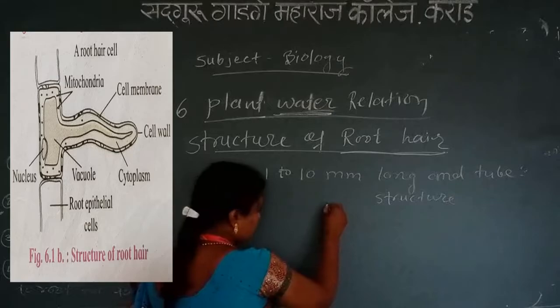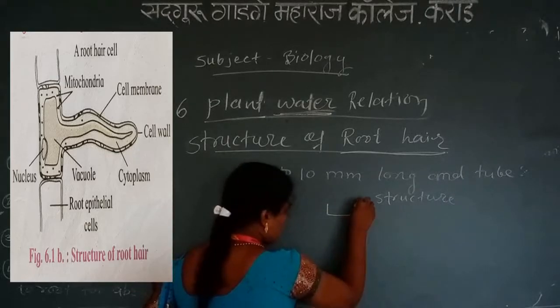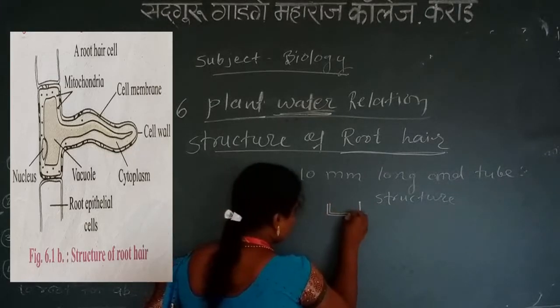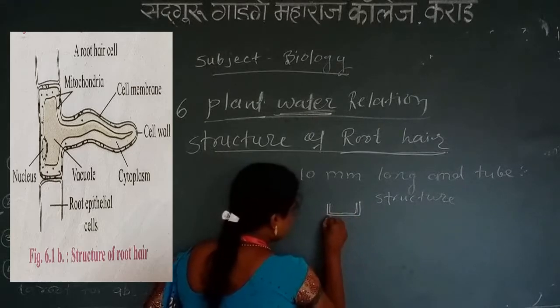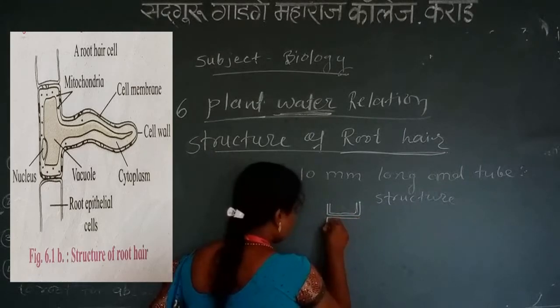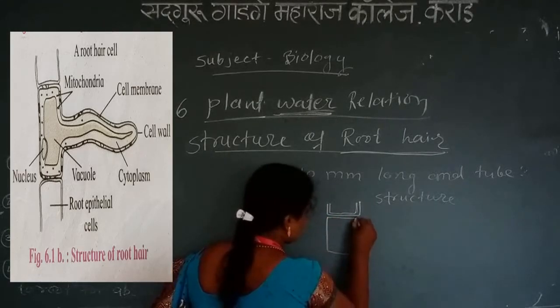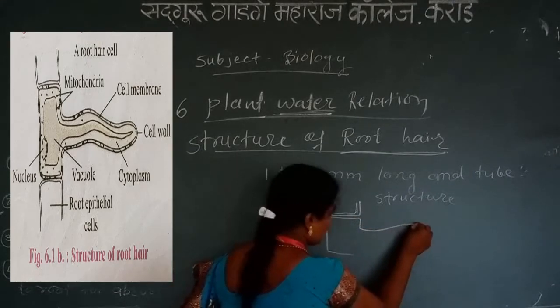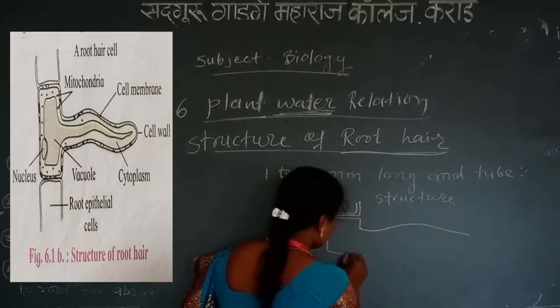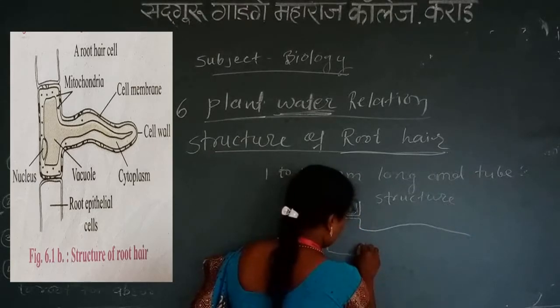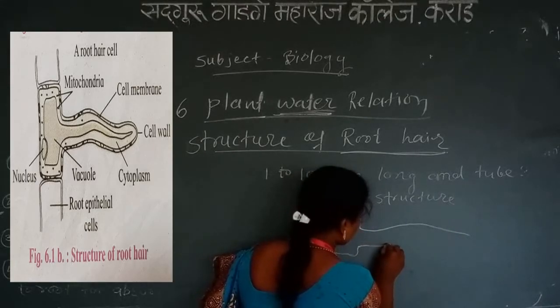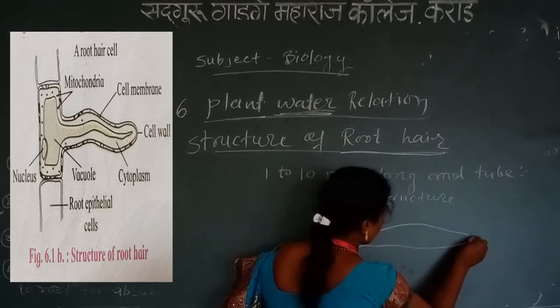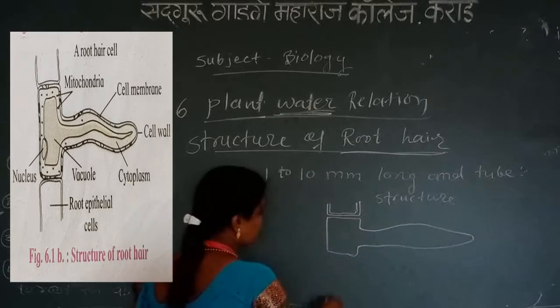See here, this is a diagram of root hair structure. This portion is a cytoplasmic prolongation.